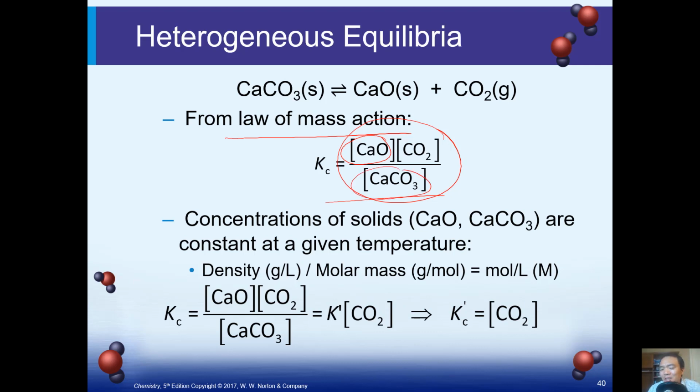Why? Because concentrations are related to the corresponding densities, right? The density for the solid is exactly the same. So for a certain amount of this material, or any amount of this material, the concentration, which is the number of moles divided by the corresponding volume, will be exactly the same, no matter how much material you have over here.